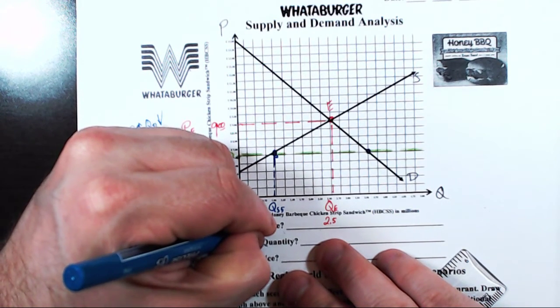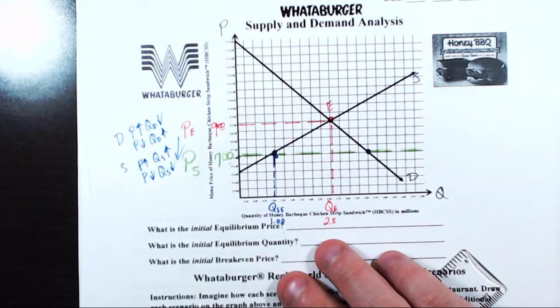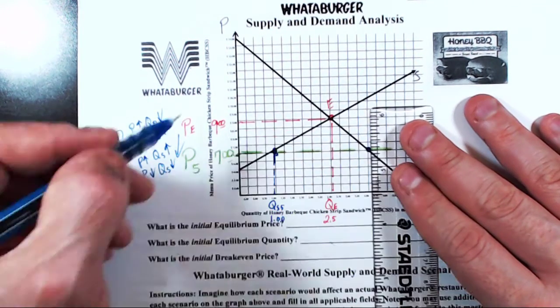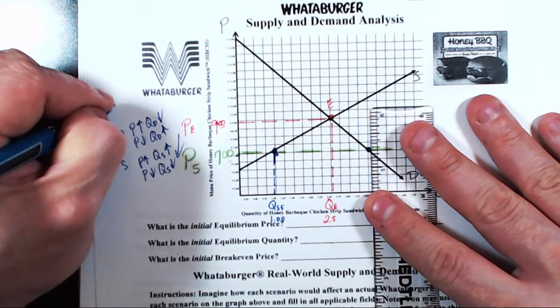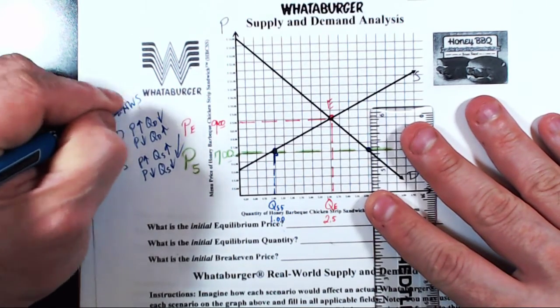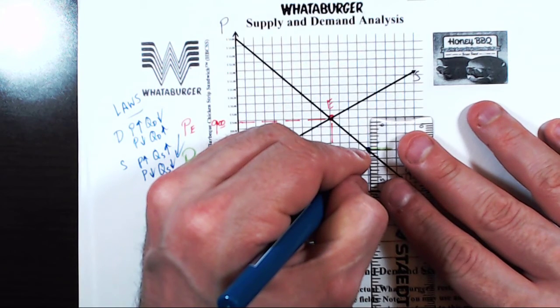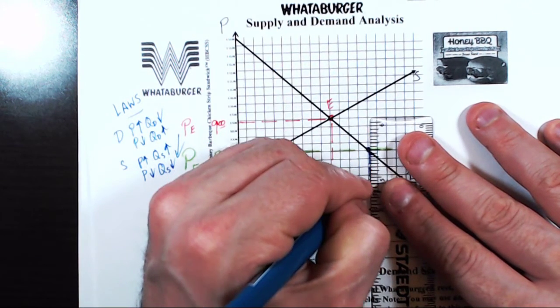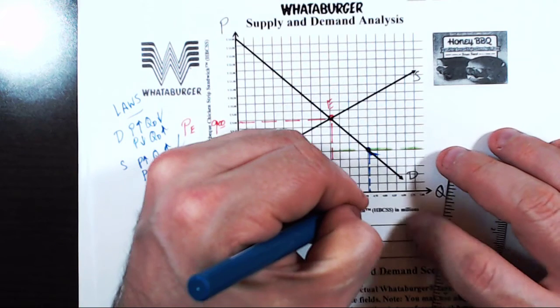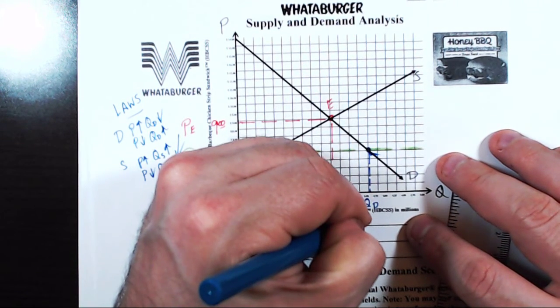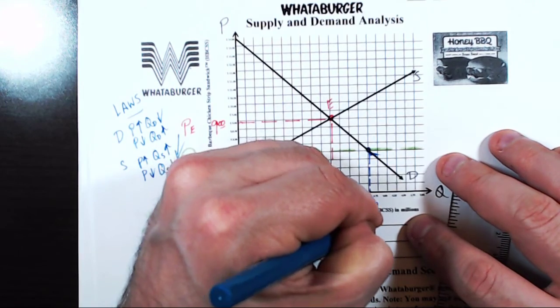Okay, 1.00 million sandwiches. The quantity demanded went up according to the laws. These are the laws. The quantity demanded went up to 3.5 million. So I got quantity demanded over here went up to 3.5 million.